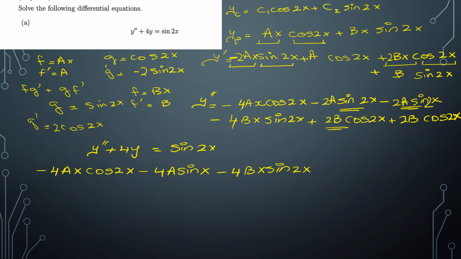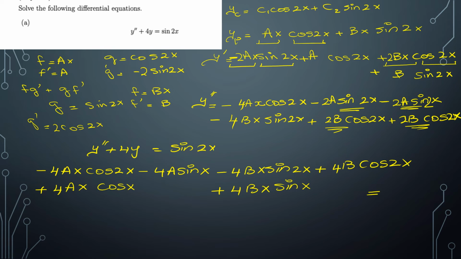Then I have 2b cosine 2x, 2b cosine 2x, it gives me 4b cosine 2x. Then I have plus 4y. So with all my y terms, I have to multiply with the 4. So I will get plus 4ax cosine 2x. And then I have another bx sine 2x, that means 4bx sine 2x. And this is all equal to my sine 2x.